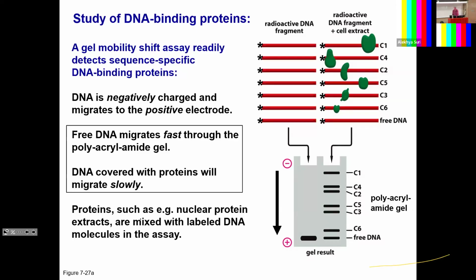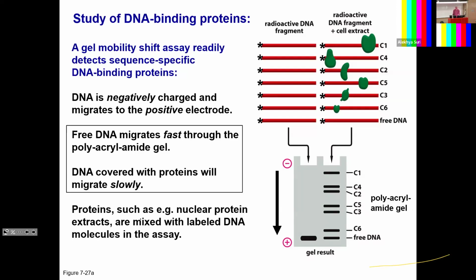This would be, for example, fragment C6, a small protein. When you look at a fragment which binds a large protein, C1 here at the top, you would find this DNA fragment more or less beyond the slot. It will not migrate very far.